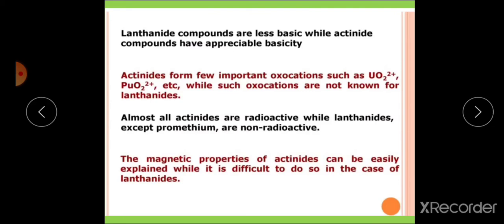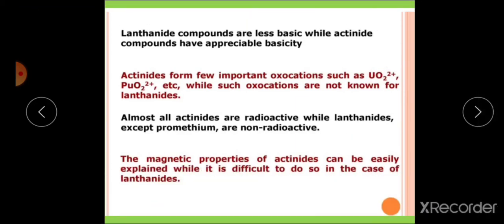Actinides form a few important oxocations such as UO2+, PuO2+, etc. Such oxocations are not known for lanthanides.